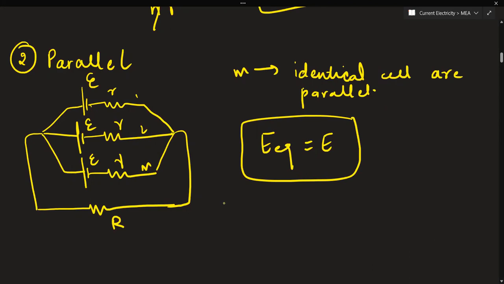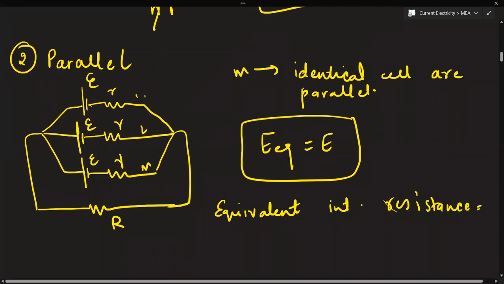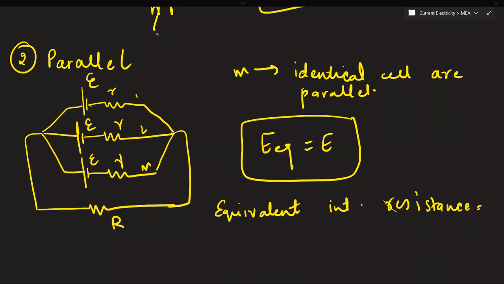Now, can you tell me the equivalent internal resistance? Each one has internal resistance small r. Look at it, small r are connected. 3r, how can you add them directly?